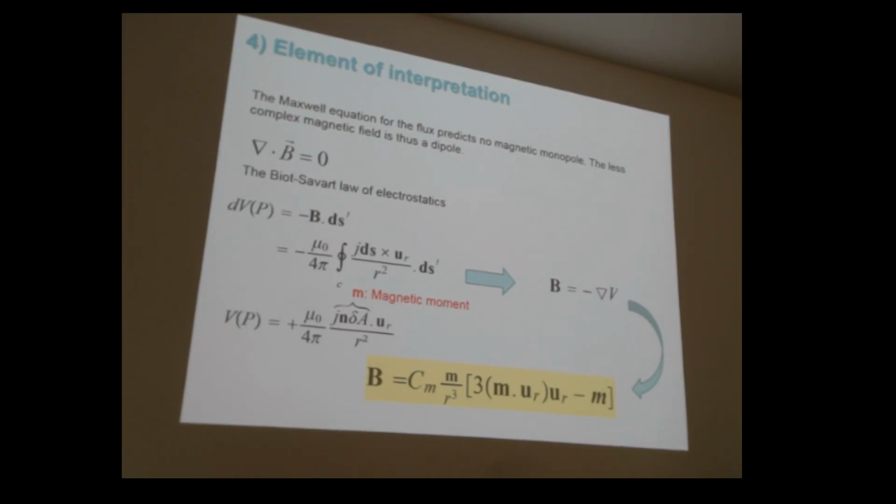There is no monopole, it's a dipole. You can just express the magnetic field of the dipole with the dipole moment, with respect to a kind of constant and the distance from the observation to the dipole. Okay, this is a very simple geometry.